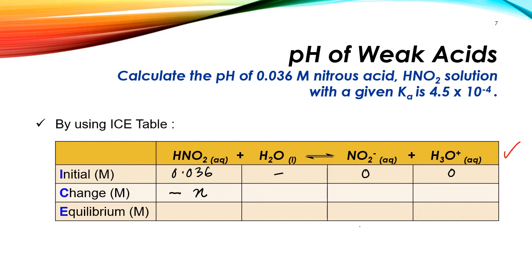So HNO2, nitrous acid, dissociates as much as X, and the NO2 minus and H3O plus ions are produced during the reaction, so we use the positive sign, as much as the nitrous acid dissociates, which equals X, and also H3O plus with positive X. Remember, the quantities of X are according to the stoichiometric coefficients. From this balanced equation, we can see that it involves only 1 mole of nitrous acid, 1 mole of NO2 minus, and 1 mole of H3O plus ions.